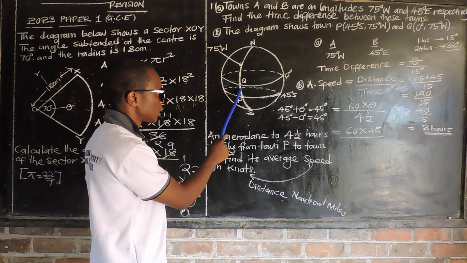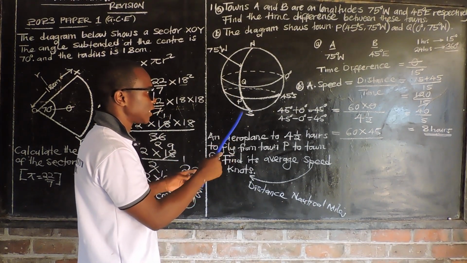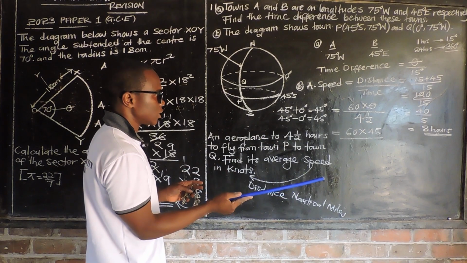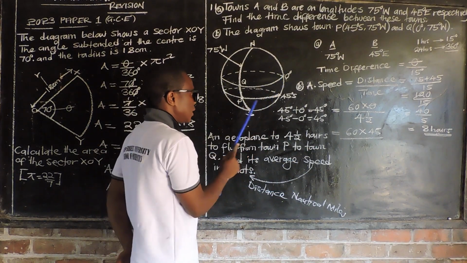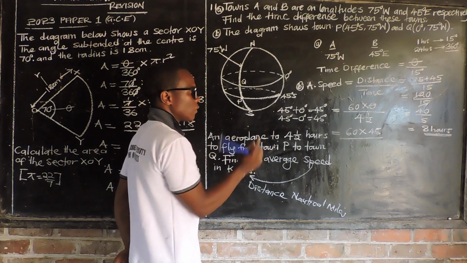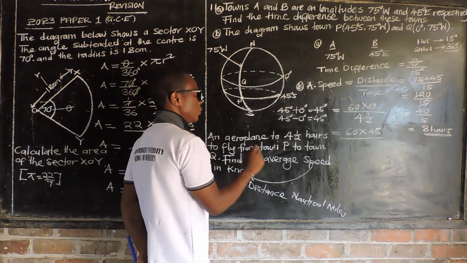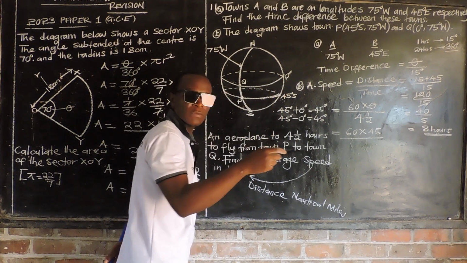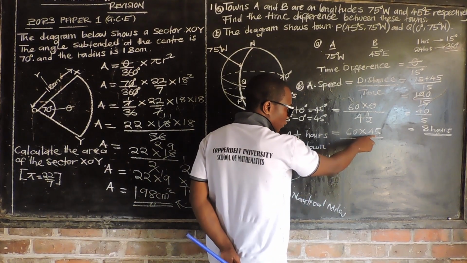Because P and Q are on the same longitude, so what they differ in is the latitude. Q is on 0 degrees, then P is on 45 degrees south. So the difference in latitude between the two points is 45. Are we together? So this is the 45 I'm talking about.